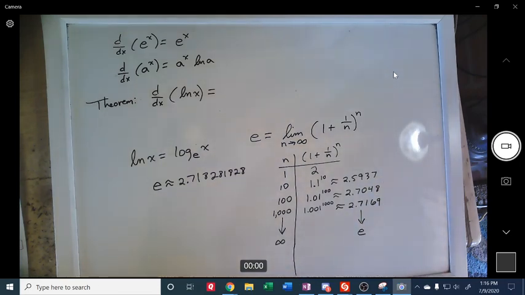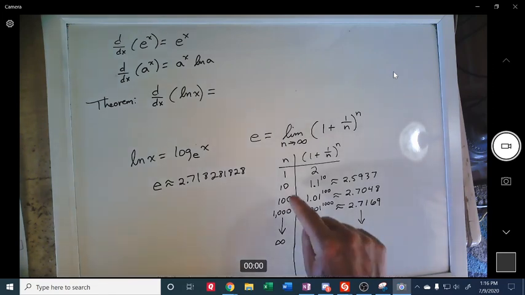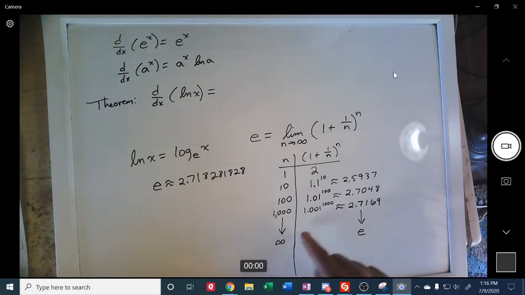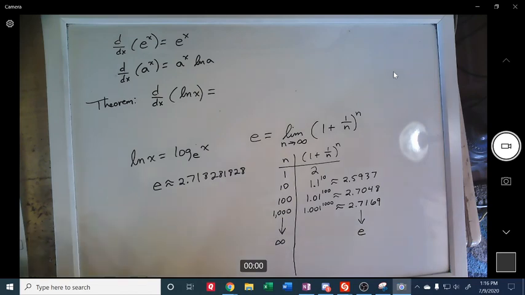If you had $1, 100% interest, compounded 4 times a year, then 12 times a year, monthly, and then 365 times a year, daily, and you keep increasing how many times you're compounding it per year, and you're only doing it for 1 year, the greater the number of compoundings, the closer you're going to get the answer to e. It comes as a natural result of exponential functions with compound interest.